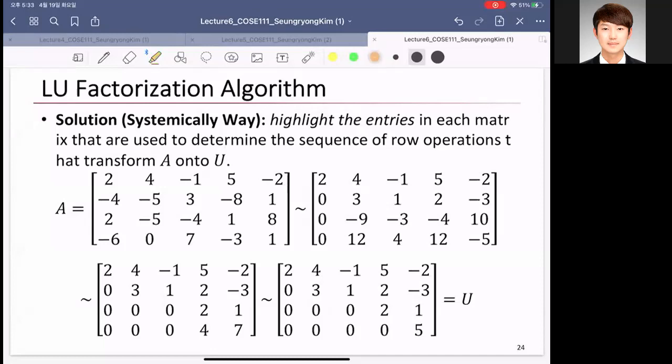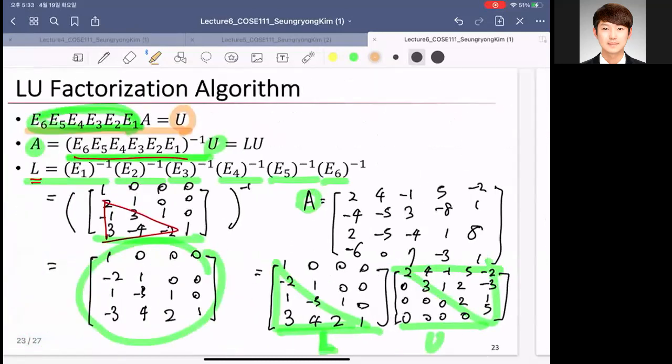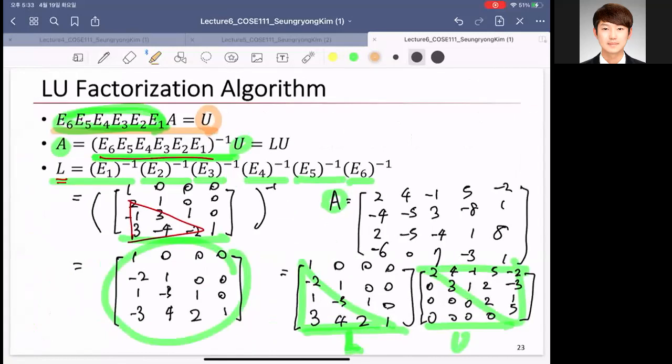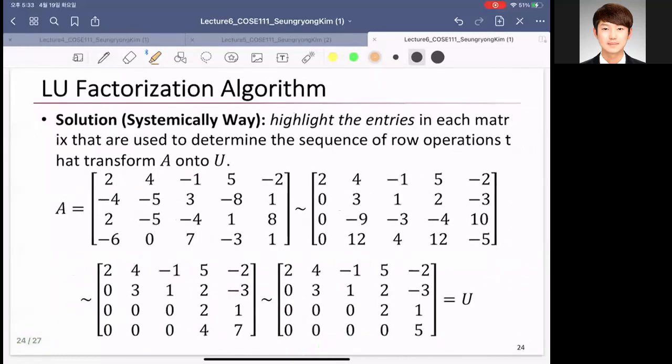Okay. So this is the full procedure to LU factorize your matrix A, and there is a more efficient, more systematic way for LU factorization. So the idea is like that.